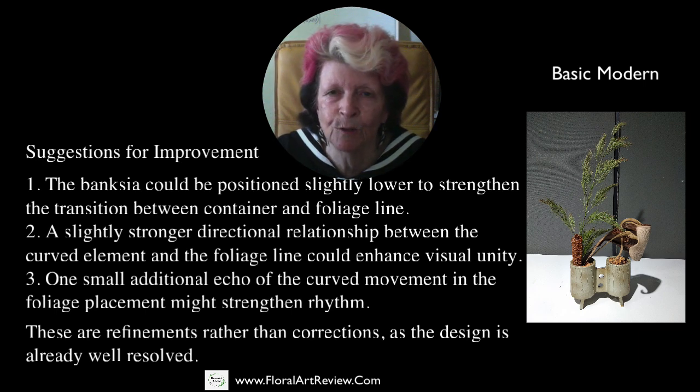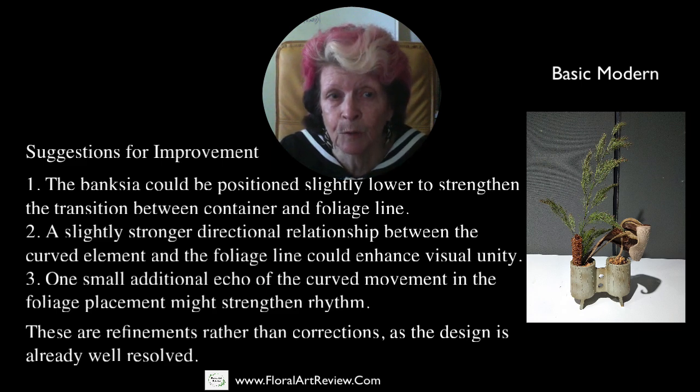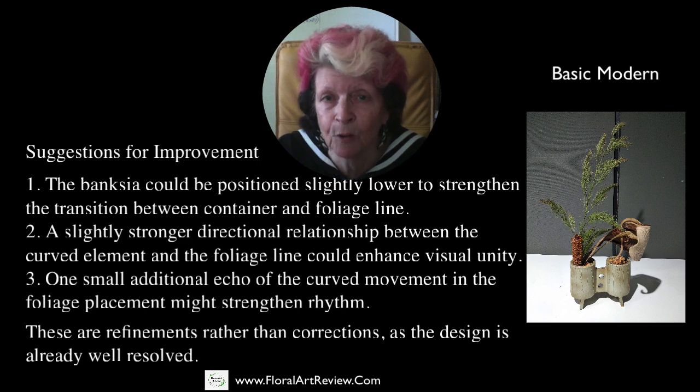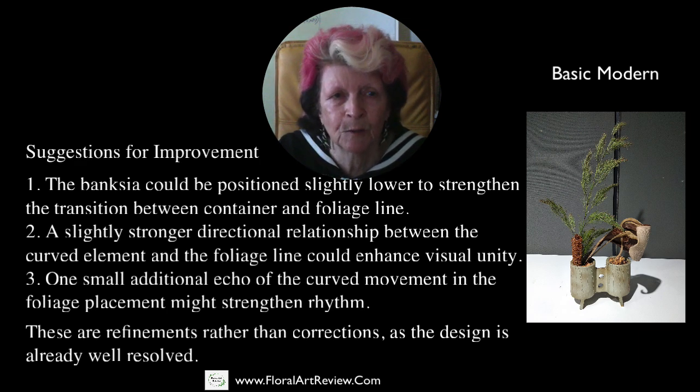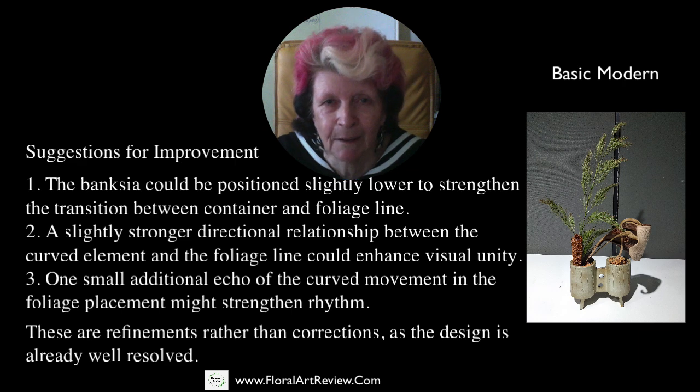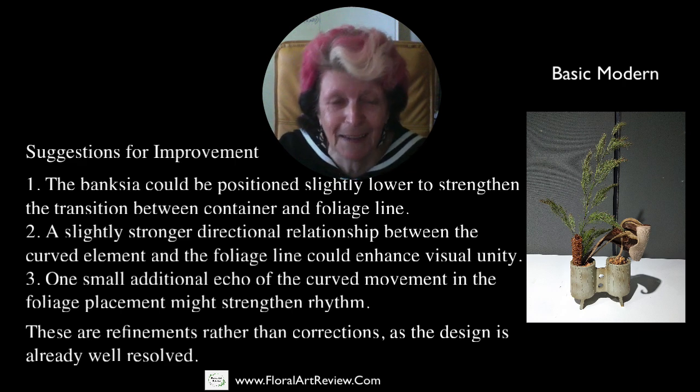It has a natural curl. Have it naturally curled around the foliage, and that would give me that directional relationship between that curved element and the foliage line, and give me that visual unity in that one container, all going towards the sky, but still some interest and movement and rhythm in terms of the actual placements themselves. I'm waving my hand around in front of my face because I'm pointing to the image that I can see on the screen.